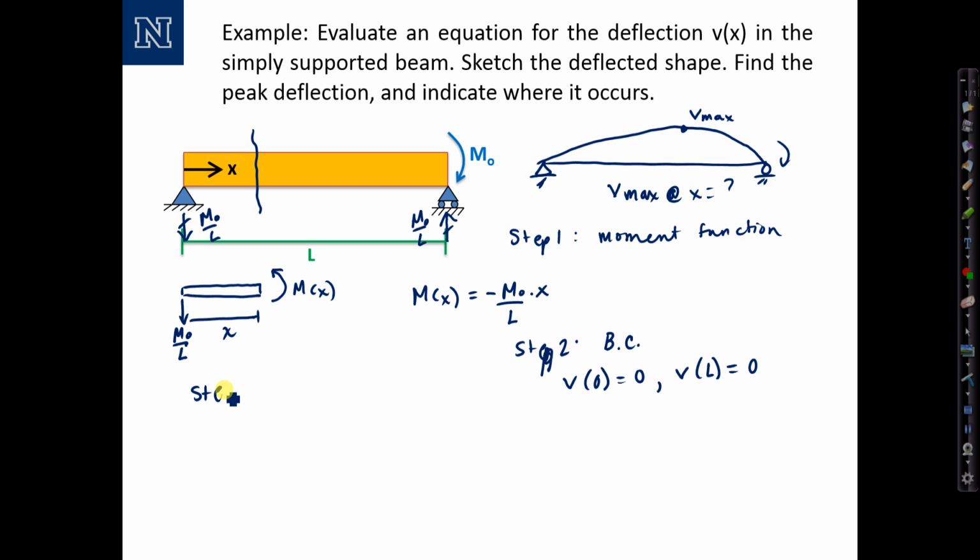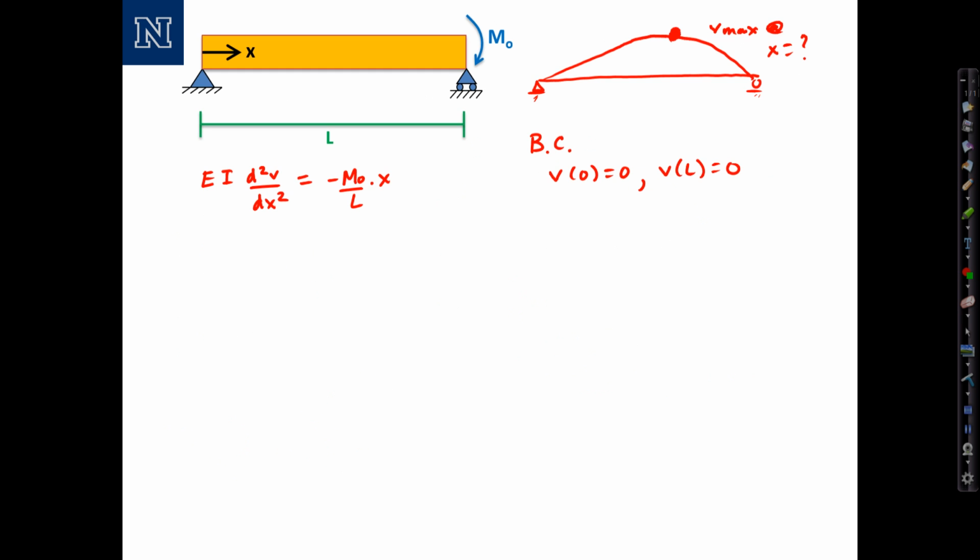Step 3 is to integrate. So let's summarize the equation that we need to integrate. The second order beam equation, EI d squared v by dx squared, equals the moment function, in this case, M0 over L times x. We have our boundary conditions. We'll integrate once.